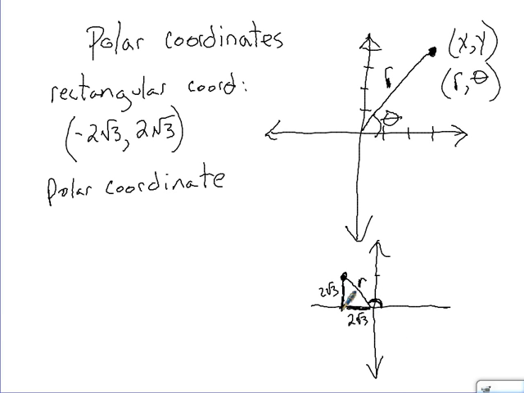So our r value is going to be r squared equals a squared plus b squared, because it's a right triangle.